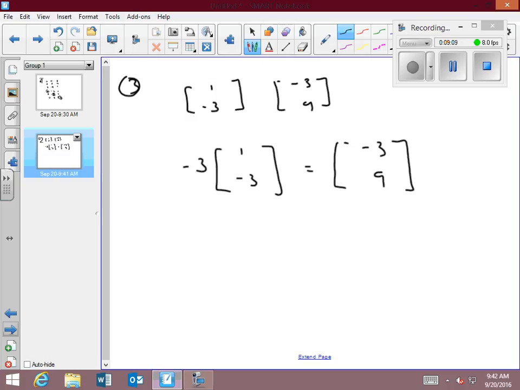Which means it's not independent. What's that? Which means it's independent or not independent? It's a dependent set. Did I say independent? Well, it's dependent. The first one is independent.